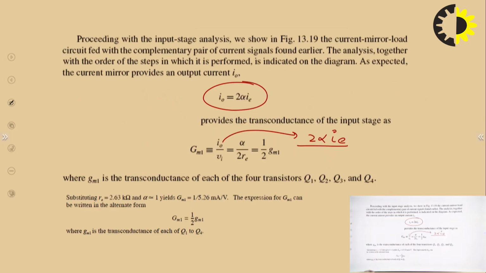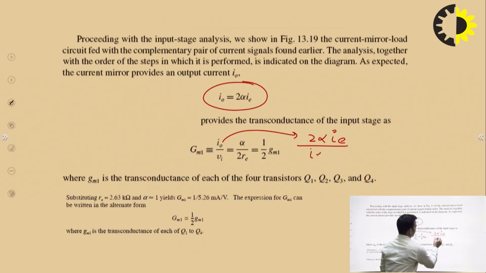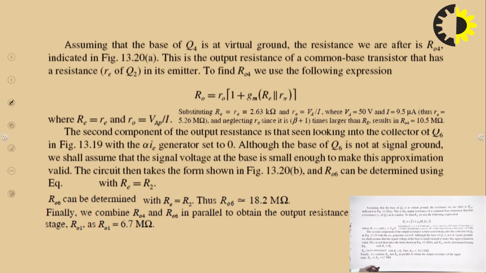So from that you will get alpha upon 2 Re, and this is the value of Gm. So now you know the values: Re is equal to 2.63 kilo ohm, alpha is 1. So you can find out Gm1 will be equal to half of that.